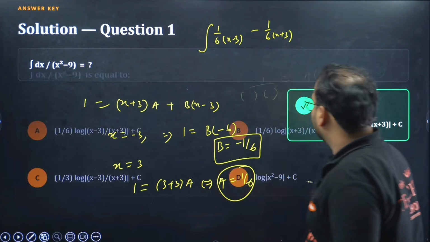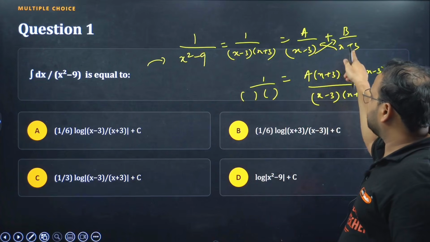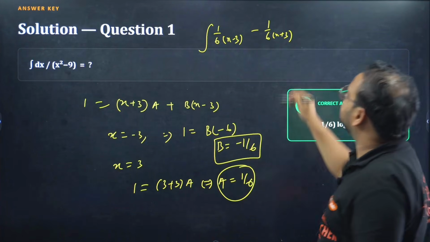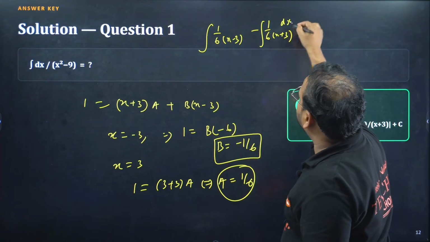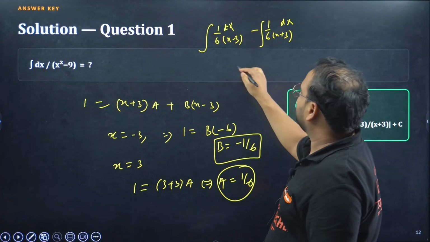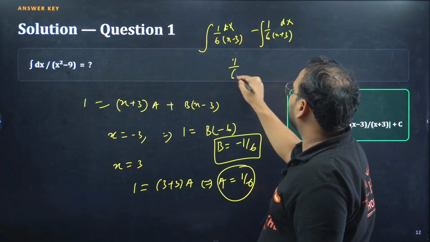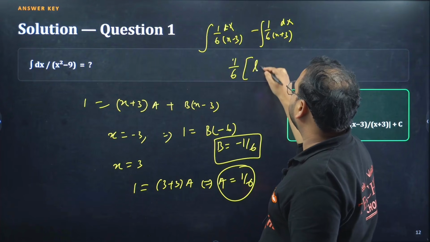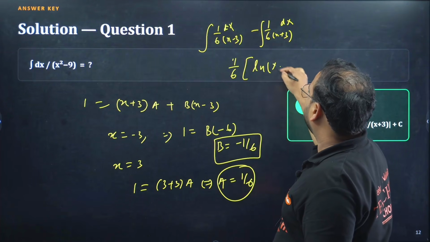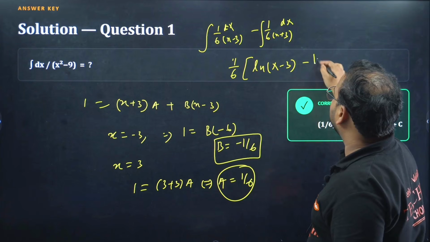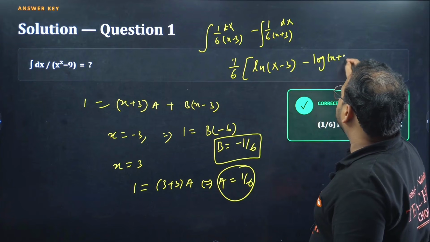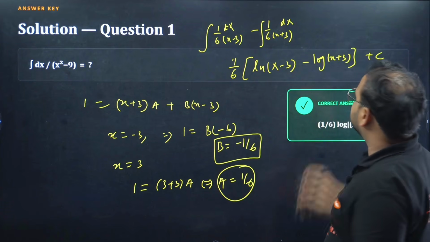B is with x plus 3 and b value is coming as minus 1 by 6. They're both integration, by the way. 1 by 6 is a common term, we can take it outside. This will become log of x minus 3 minus log of x plus 3 plus c, the constant.